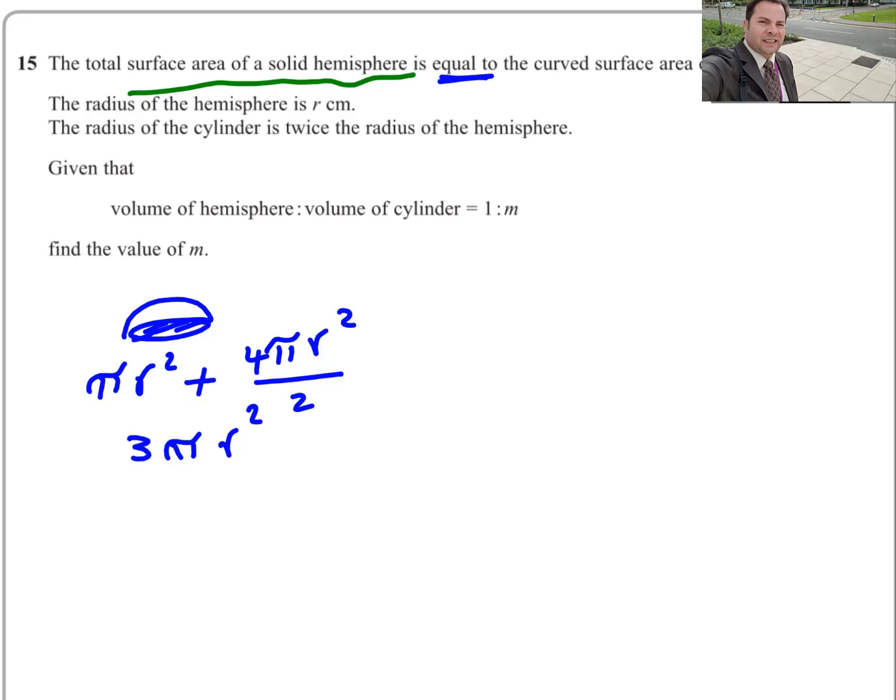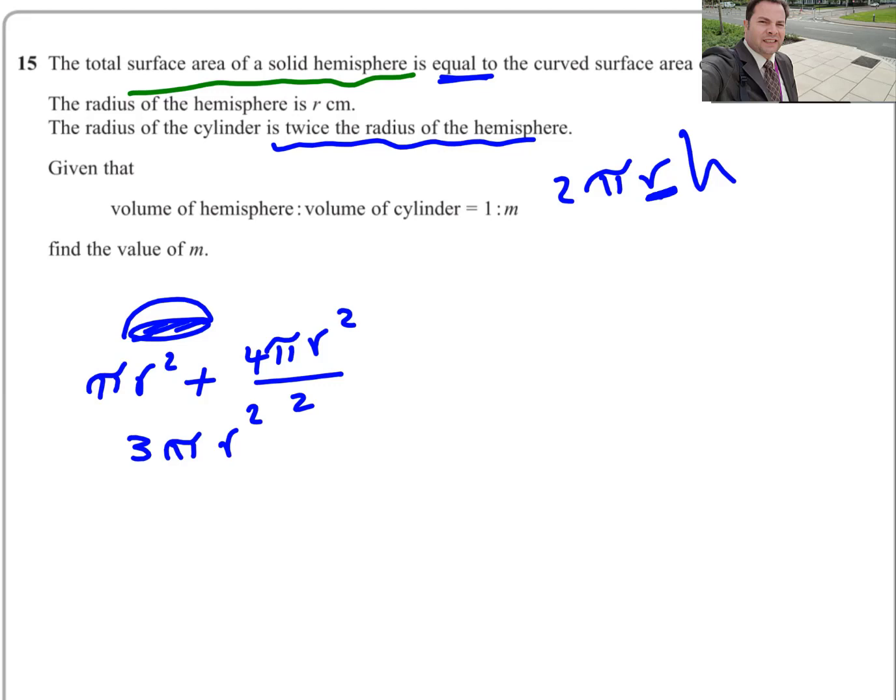What about the cylinder? The curved surface area of the cylinder is 2 pi rh. It's written that the radius of the hemisphere is r. The radius of the cylinder is twice the radius of the hemisphere, so this value of r becomes 2r.